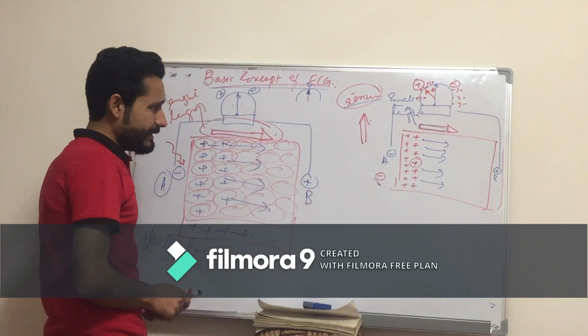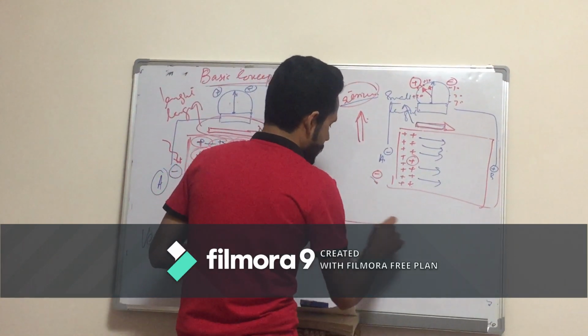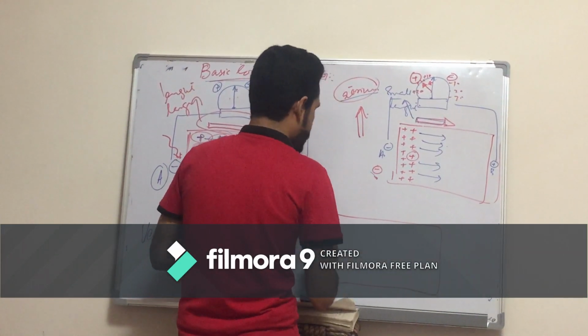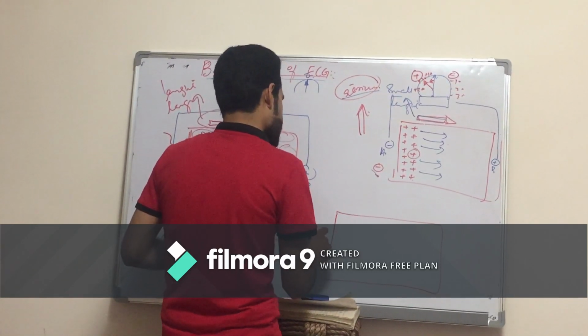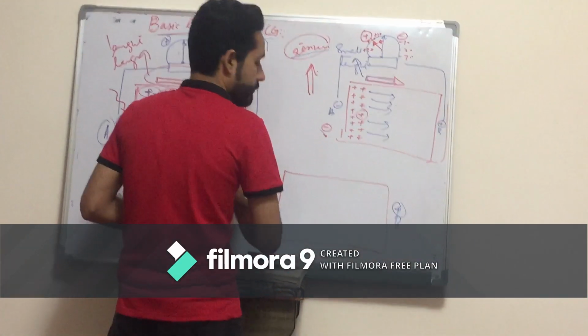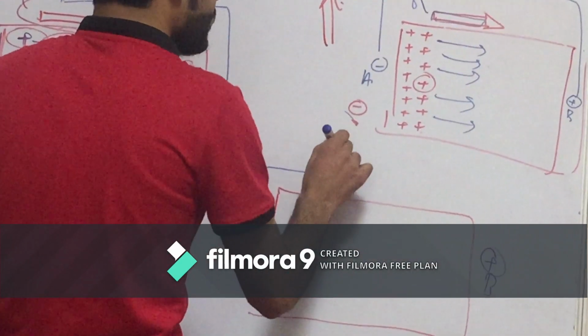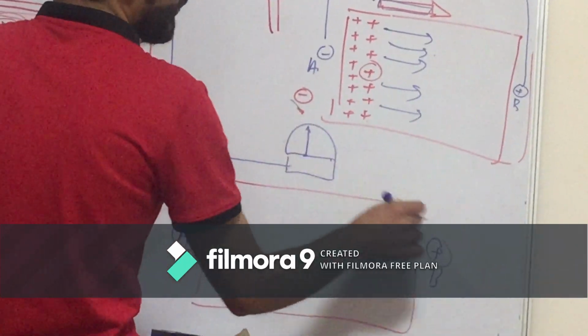Now let's study another case, another observation. Suppose the same type of cell is attached, with A and B as positive and negative, again to a galvanometer.